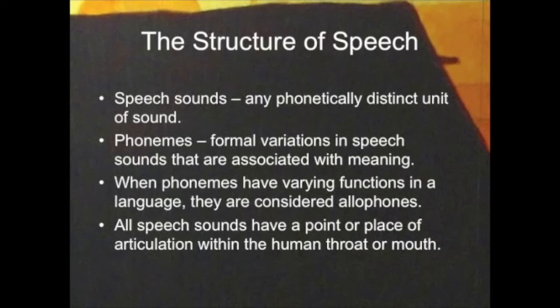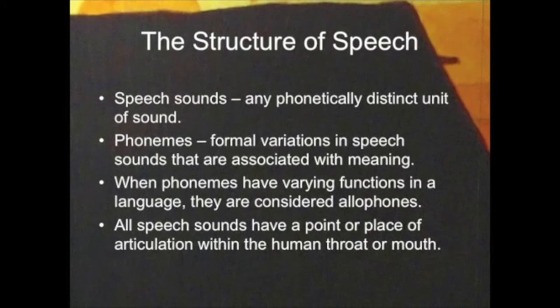If you've ever had to learn a language, you realize that aspirated sounds, such as those that I've mentioned, or even unaspirated sounds, can have very different meanings and very different functions in different morphemes or combinations of sounds, in this case words. So when phonemes have varying functions in language, they're really considered something new, and linguists refer to allophones in order to distinguish these manipulated phonemes. And again, they're not as common in English.